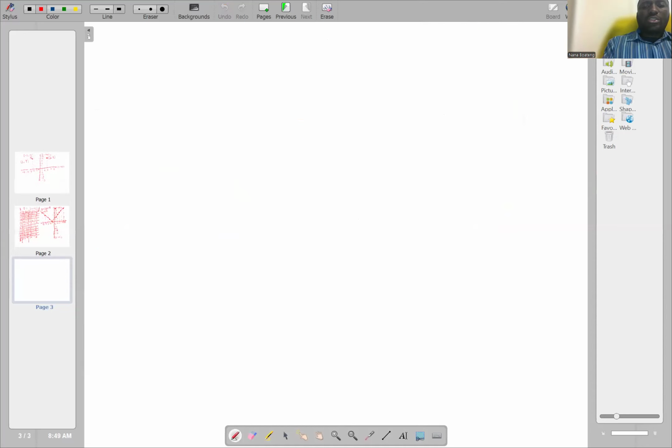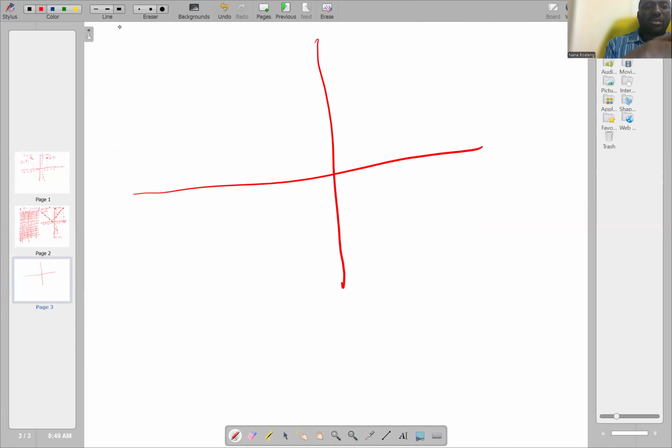All right, so suppose you have any graph like this. Let's say you have an equation like y is equal to x squared. This will look something like this. When we talk about the y-intercept, okay, this is not a good graph.